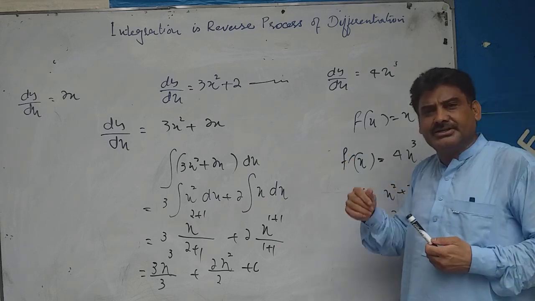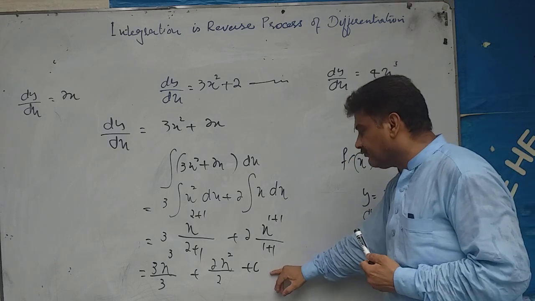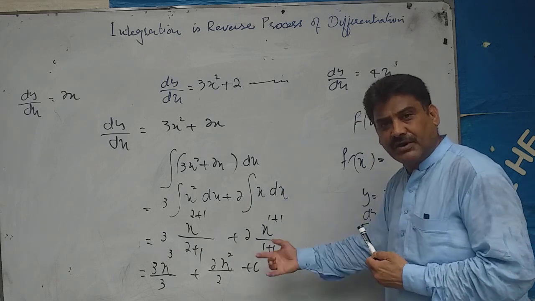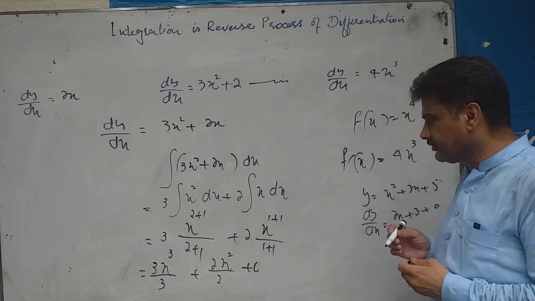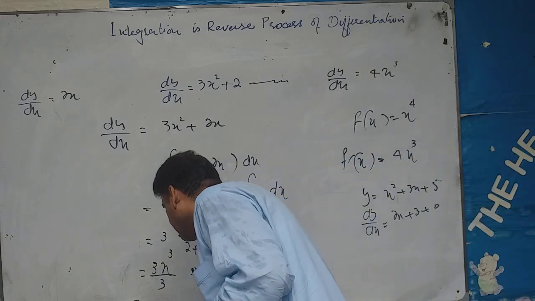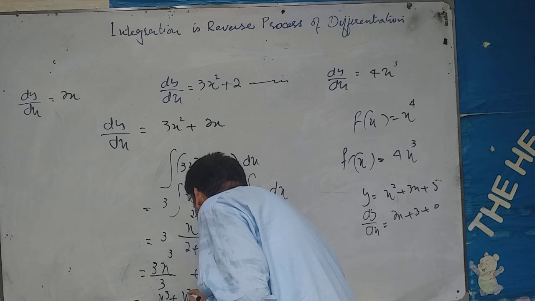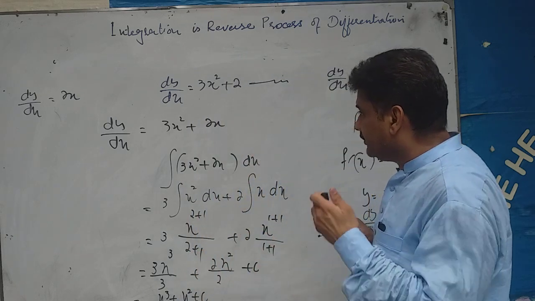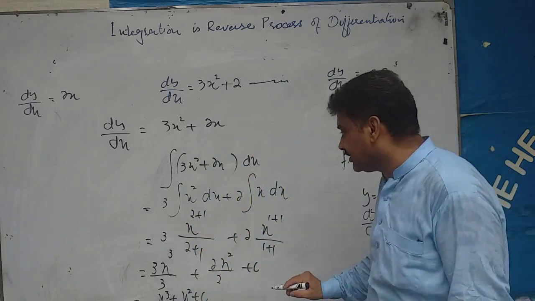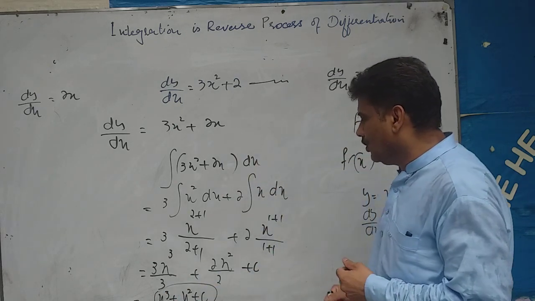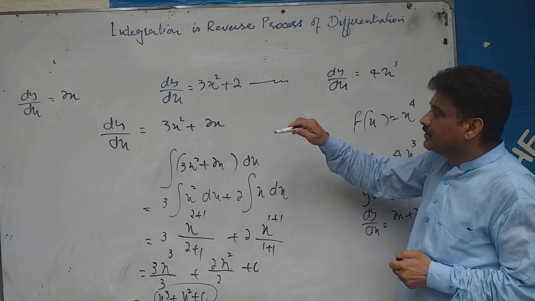But in integration, we have to add a constant from our side. Is it clear? It is now x cubed plus x square plus c. This is the actual function whose gradient function is this.